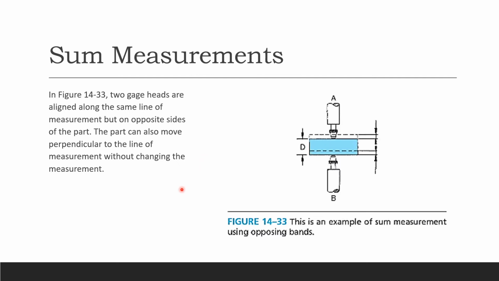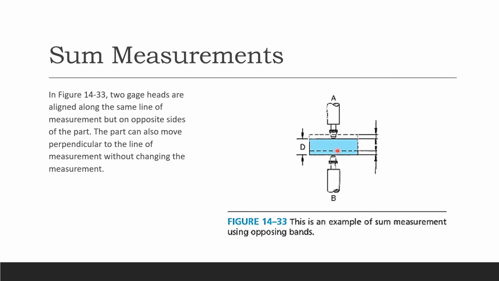Another measurement is where two gauge heads are aligned along the same line of measurement, but this time on opposite sides of the part. So here's your part, first head, and then your second head. They are on opposite sides. So the part can also move perpendicular to the line of measurement, because this is your part, and the line of measurement is right there.